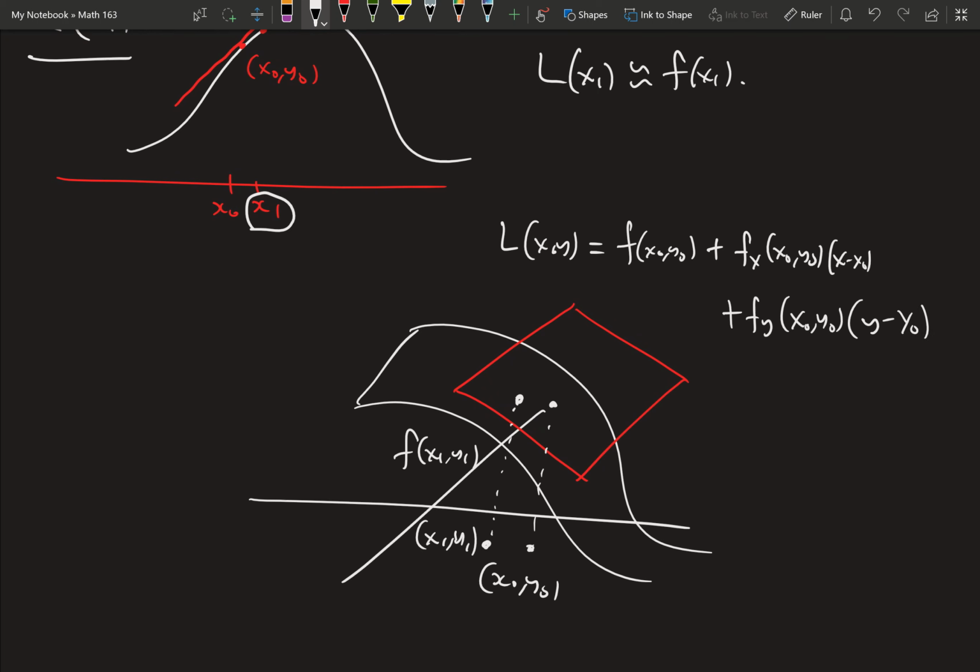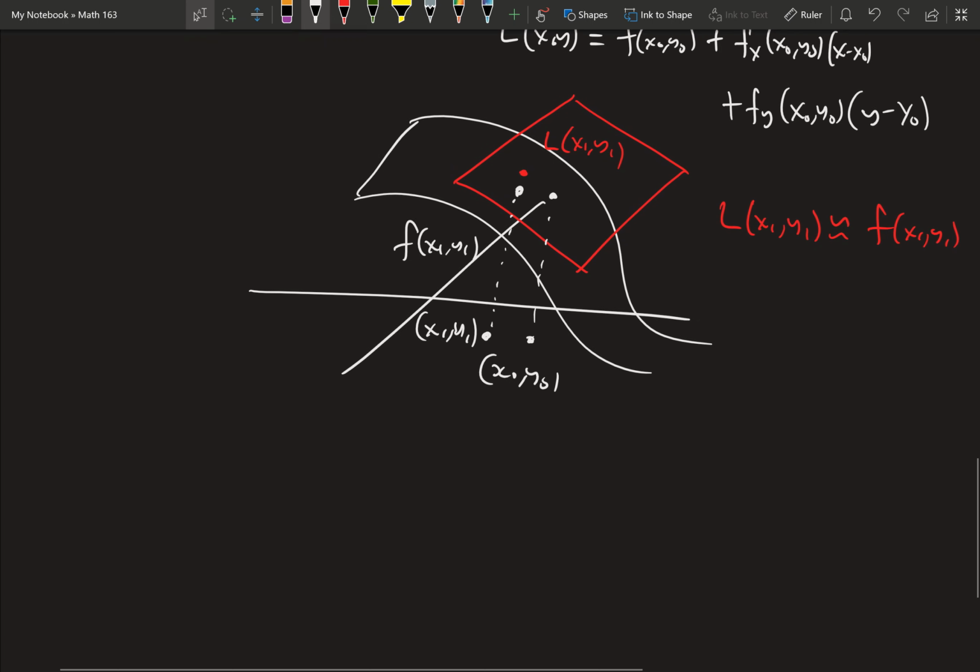So instead of plugging x1, y1 directly into f, we can realize that this red point here is L of x1, y1. So L of x1, y1 is approximately f of x1, y1.